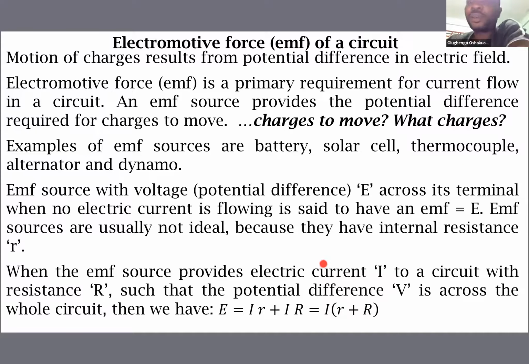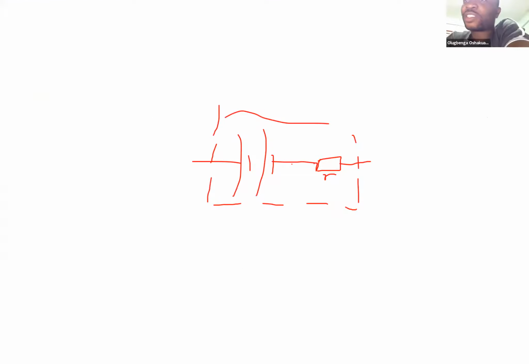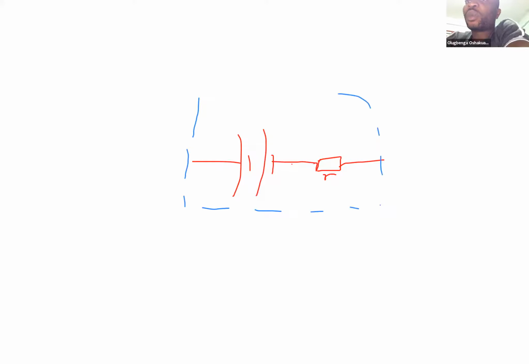So when we say battery, ideally it is this, but in reality, it is attached to a small R. So we can say this is the original schematic of a battery, where it is connected to its internal resistance.